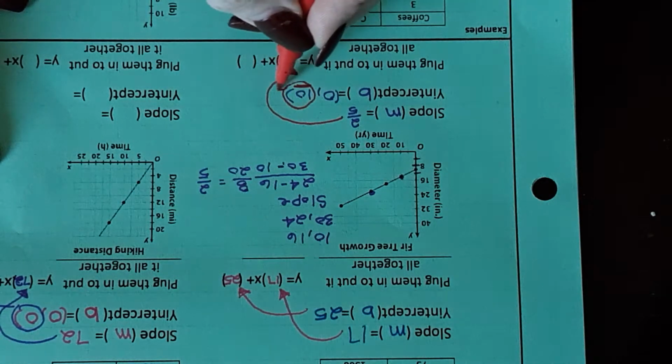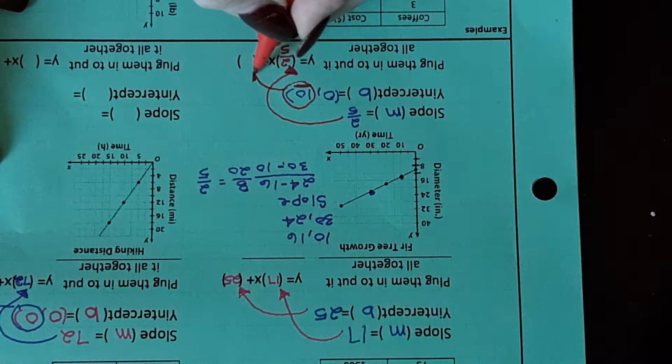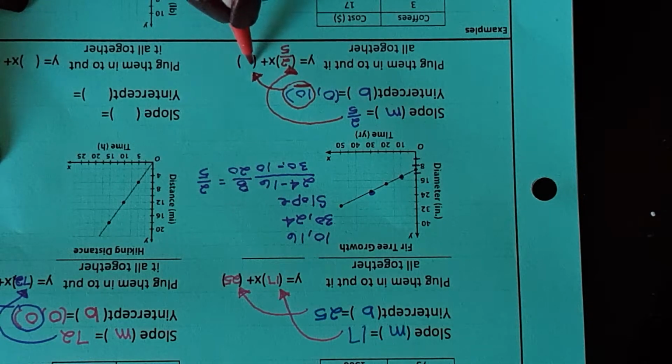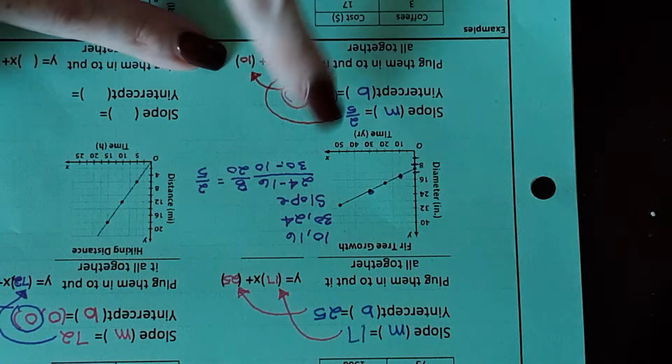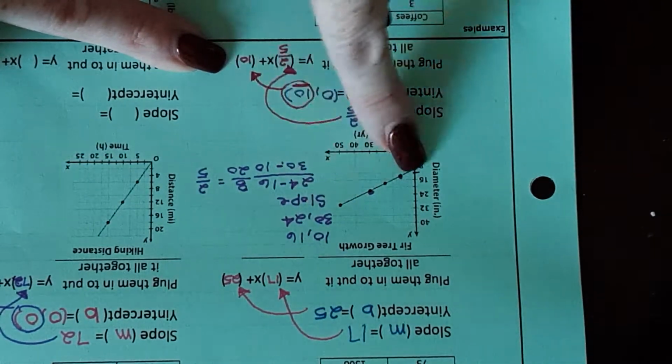And this value is going to get plugged in for our second set of parentheses. So now we have y equals 2/5 x plus 10. This is the linear equation that describes this line right here.